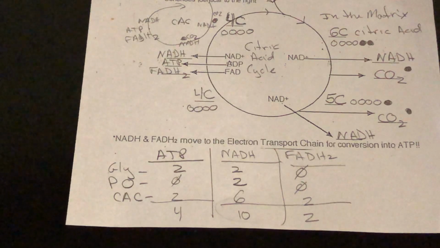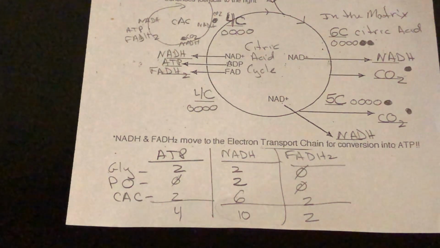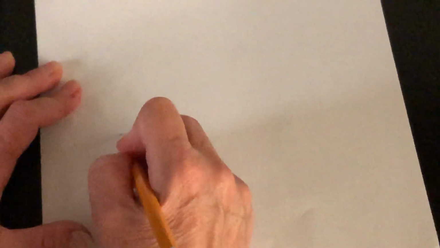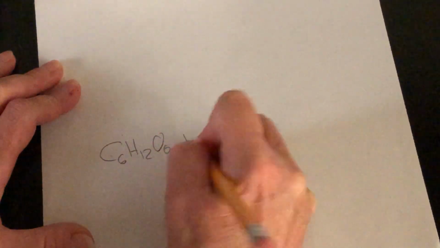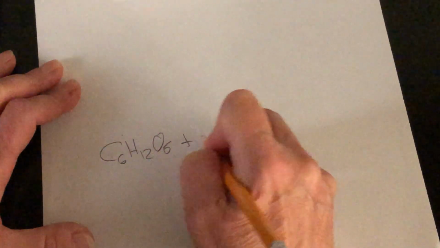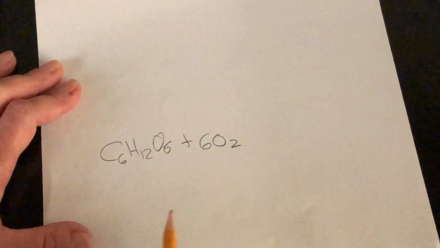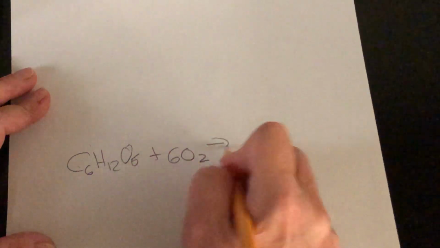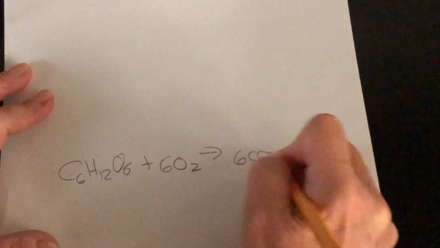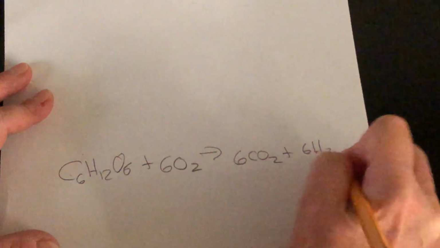And think about this logically. If you look at our overall equation, okay, C6H12O6 plus 6O2, right? Those are our reactants. Our products are 6CO2 plus 6H2O.